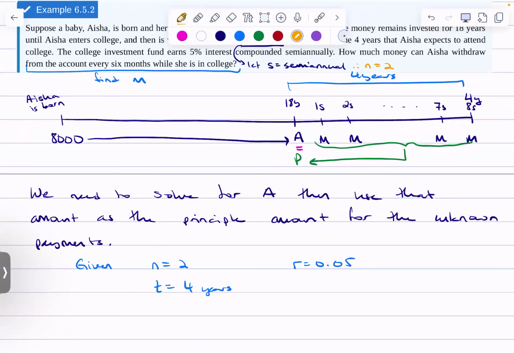Now, if it doesn't help you, that's okay. But I'm going to talk about this chunk of calculations as phase 1 and this chunk of calculations as phase 2, because we need to solve phase 1 before we can solve phase 2.